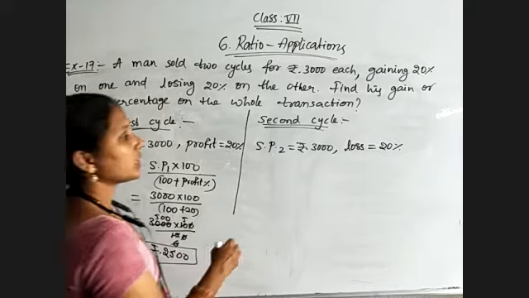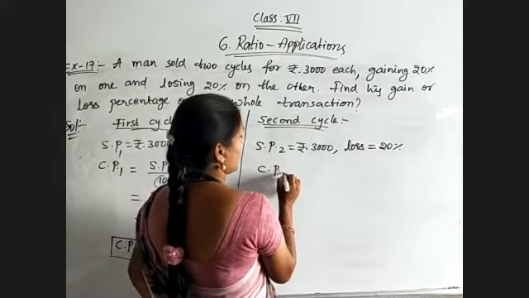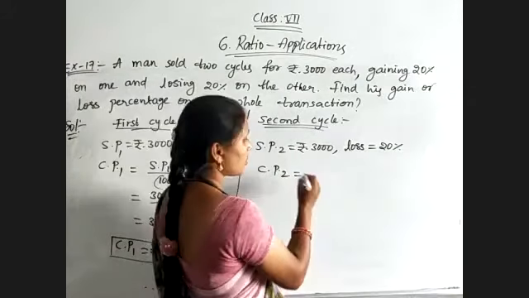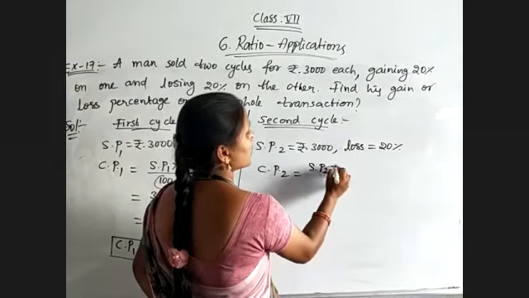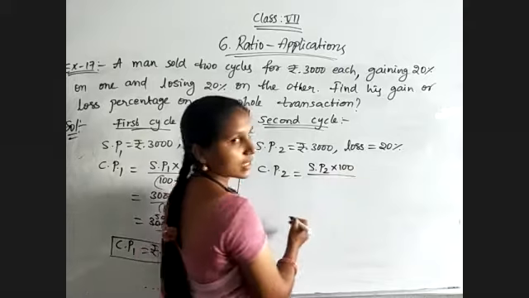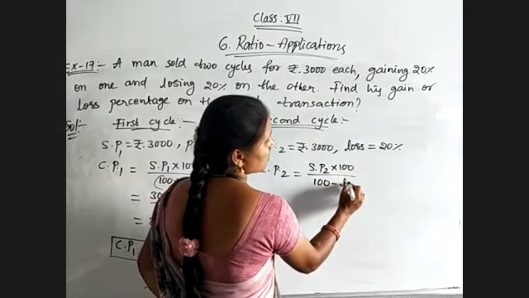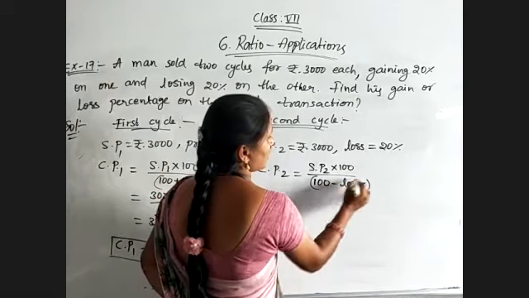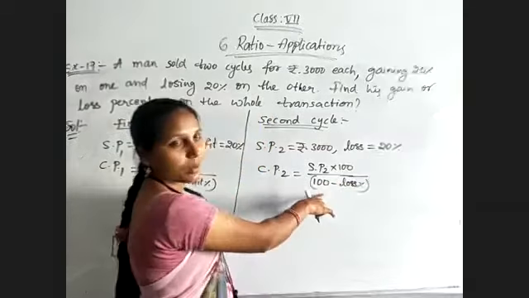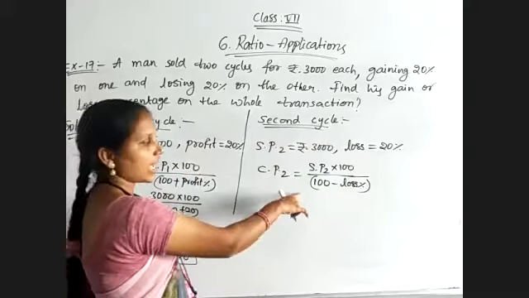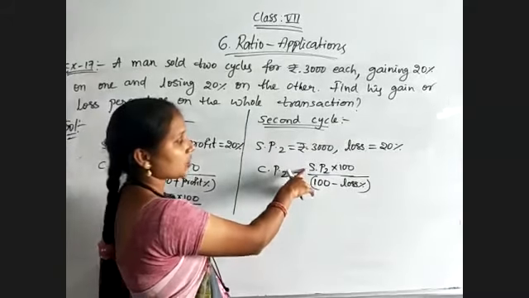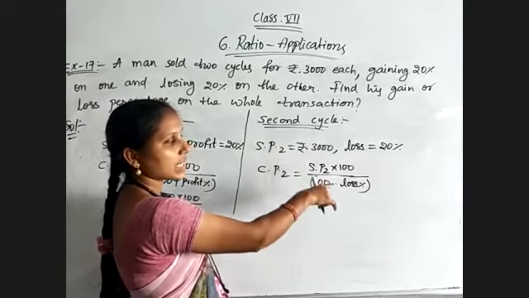Now coming to CP2, but here the loss is given. So in that case, SP2 into 100 will not change. The numerator is the same, but here we will get 100 minus loss percent. Till now we did not get the loss percent formula, but like this we must use. Actually SP2 is equal to CP2 into 100 minus loss percent by 100.